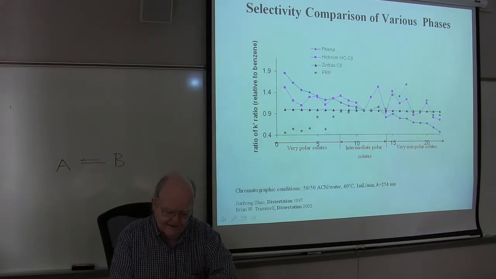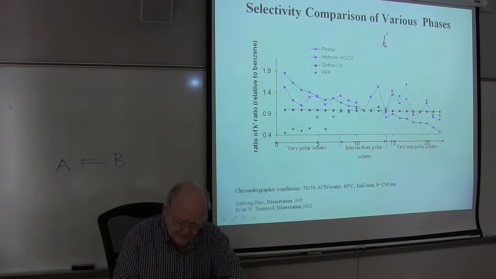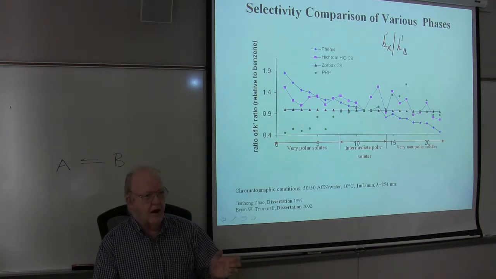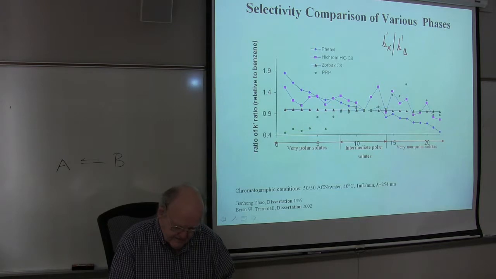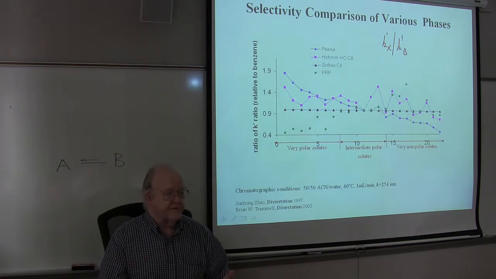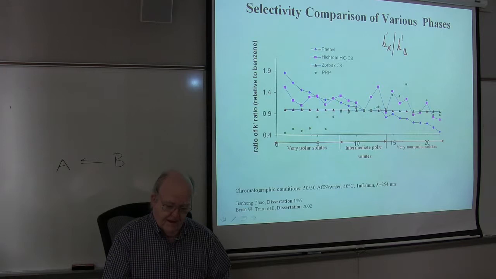What we're plotting here is the K prime of solute X relative to the K prime of benzene on these 4 different stationary phases. The mobile phases were the same for all stationary phases.